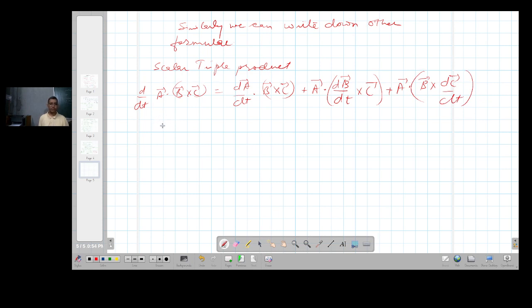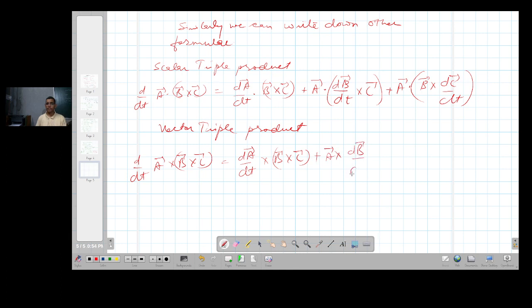And similarly we can write down the formula for the vector triple product. Here it is d upon dt of a cross b cross c. It can be written as the derivative of the first, and the second and third remain as they are, plus a cross db upon dt cross c, plus a cross b cross dc over dt.